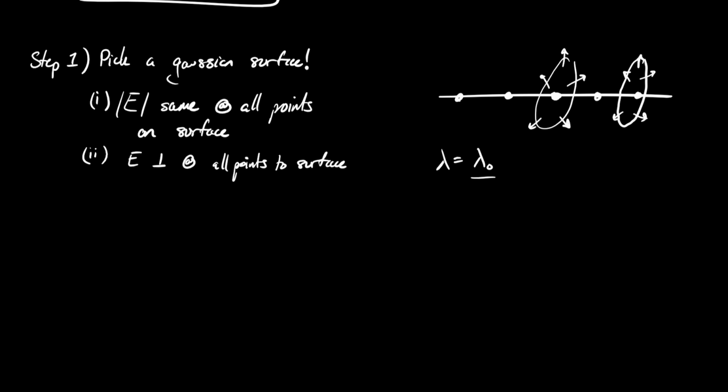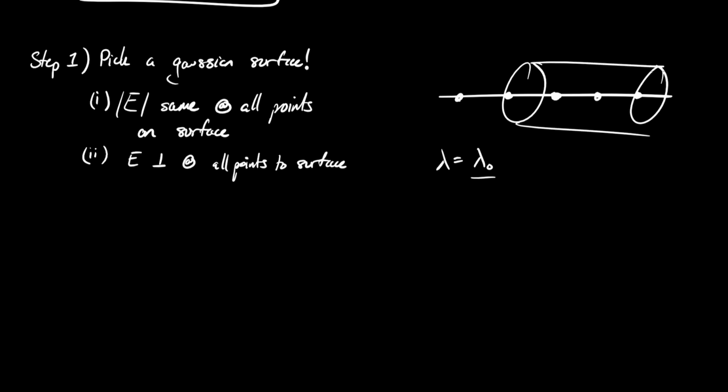And this sort of gives us a hint that maybe we should try drawing a cylinder around the line and seeing if the electric field on it has the right properties for that to be the correct surface to draw. So if we draw a cylinder around here, the electric field has the same size on these circles going around the wire.